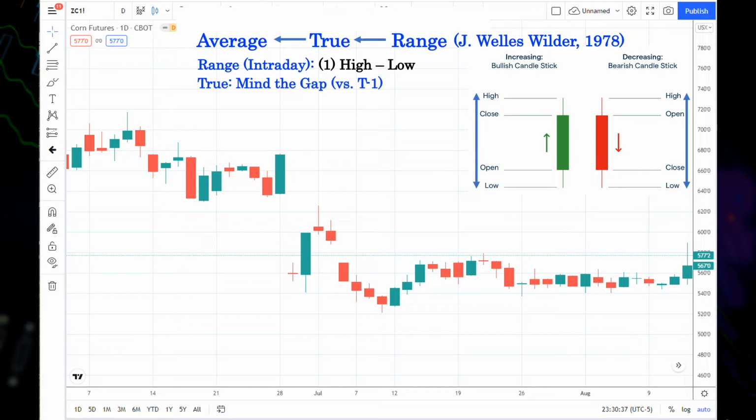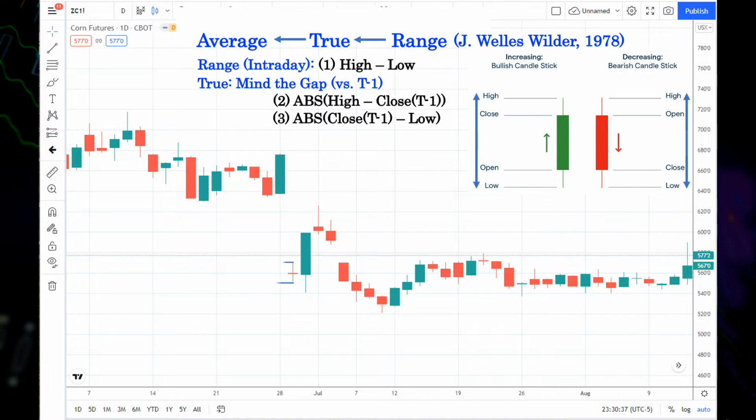So it's natural we should find a way to include the gap when trying to define the actual range the price has moved in the time window we are interested in. What Wilder did is simply just compute the absolute value of the difference between prior day's close and the current day's high and low in order to define the maximum full range of the price movement within the time window.